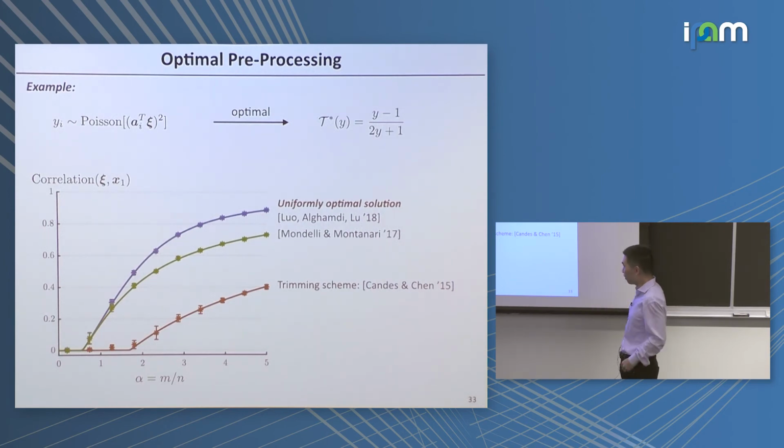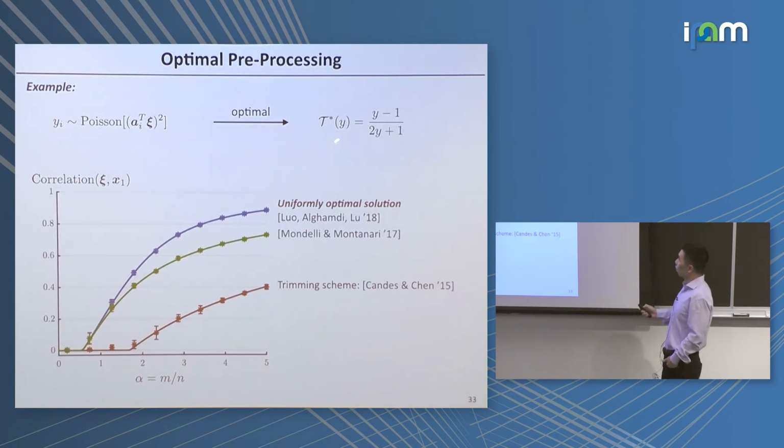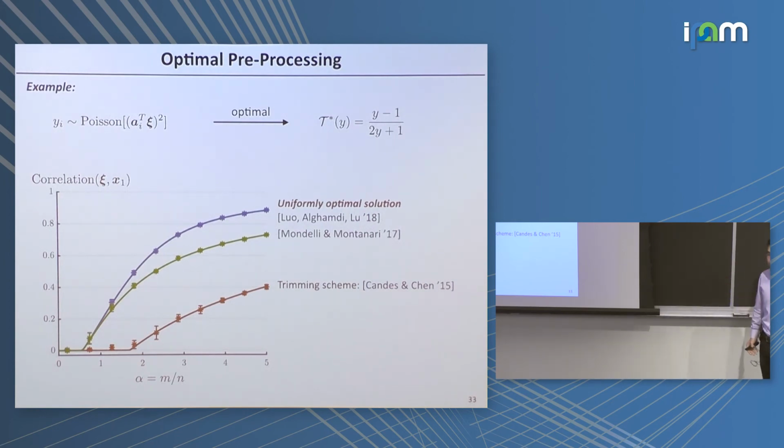It turns out this optimal function t has to do with the Hessian of the loss function that AMP or other types of message passing algorithms are trying to minimize. And that's also the fundamental reason that below that threshold you cannot do much using a computationally efficient algorithm. So this is what I want to say.